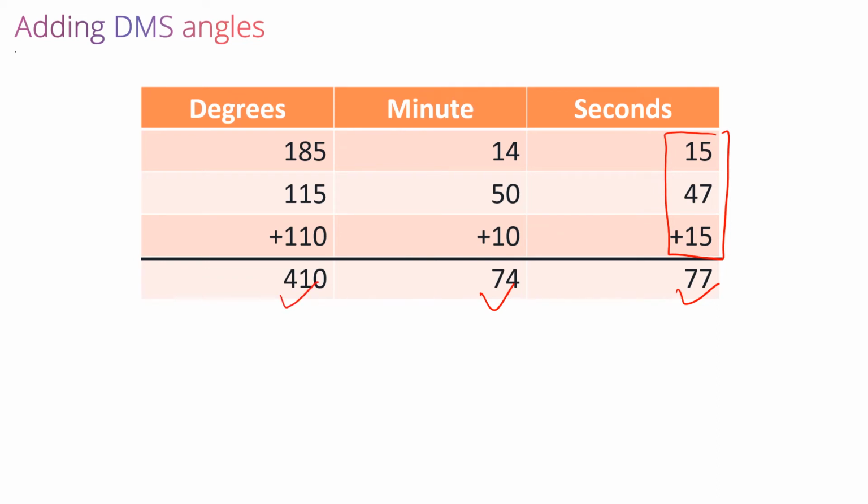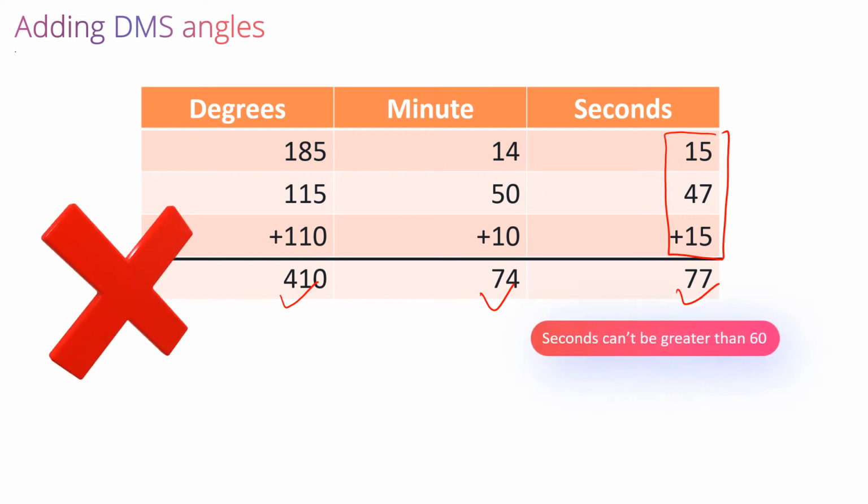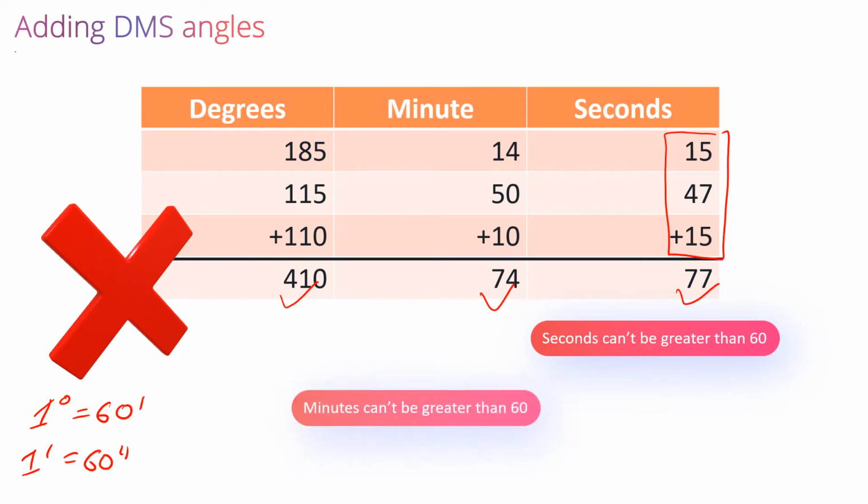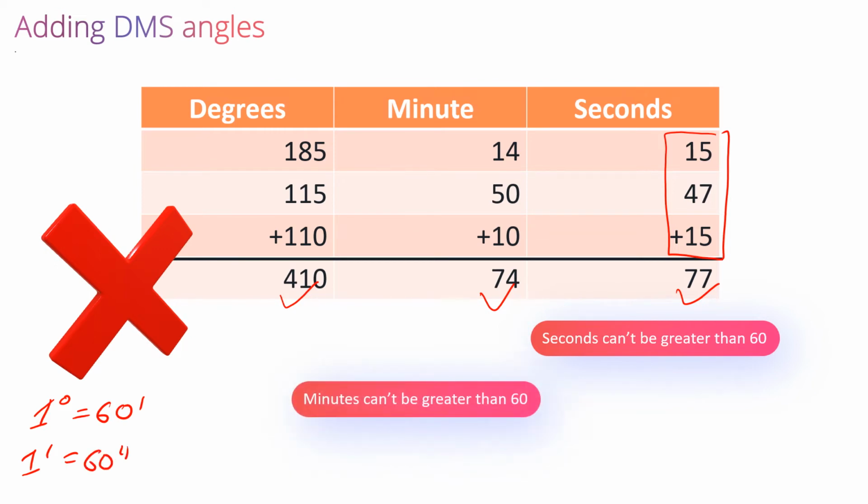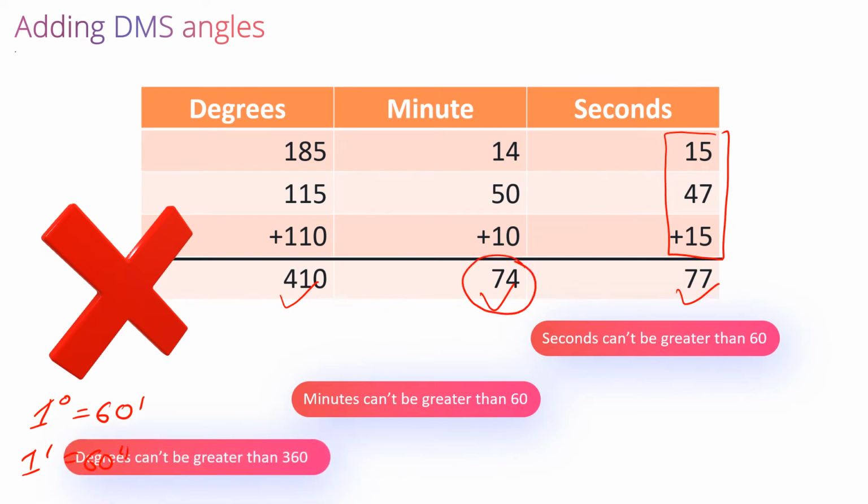Okay, but this is incorrect, because seconds can't be greater than 60, right? We studied that 1 degree equals 60 minutes and 1 minute equals 60 seconds. In a similar fashion, minutes can't be greater than 60, and degrees can't be greater than 360 degrees. I guess you all have a watch, right? A watch has 60 seconds, and once the second hand reaches 60, it starts from 0.